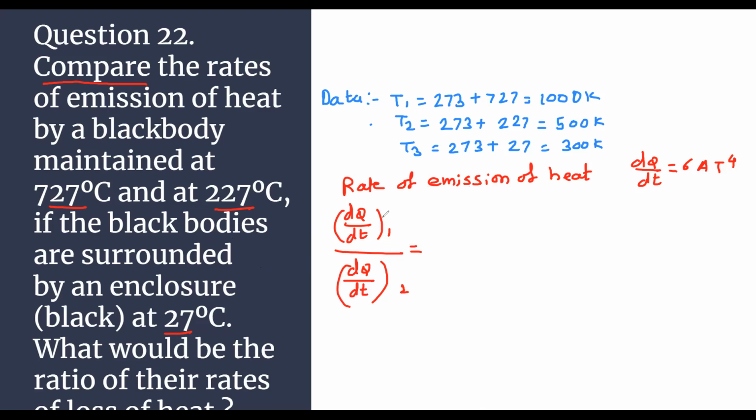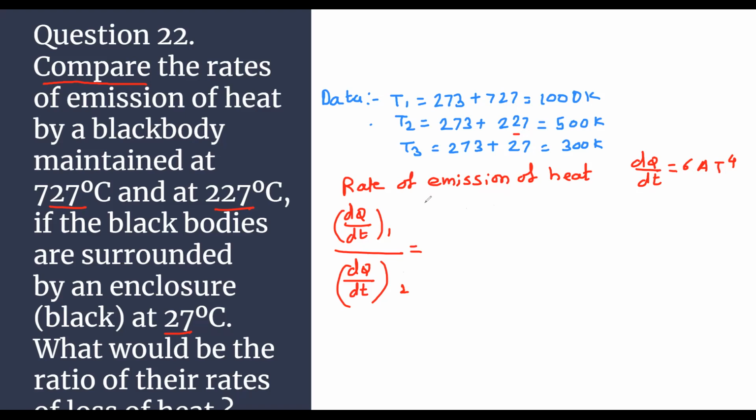So dQ upon dt for 727, and then for temperature 227.